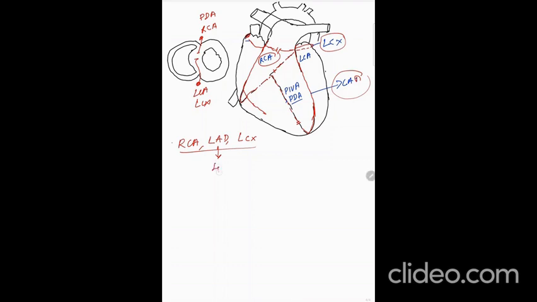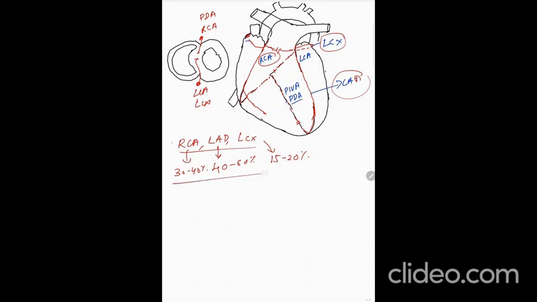blockage. About 40 to 50% of the coronary blocks are in the left anterior descending artery, 30 to 40% of blocks can happen in the right coronary artery, and the remaining 15 to 20% of the blocks can happen in the left circumflex artery.